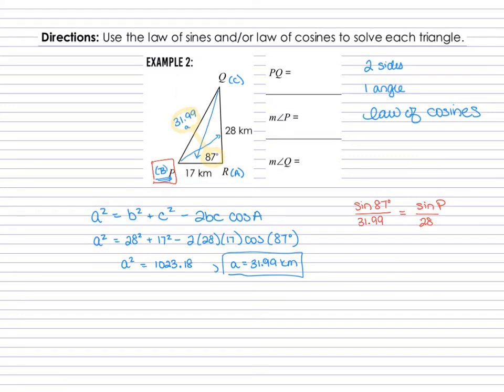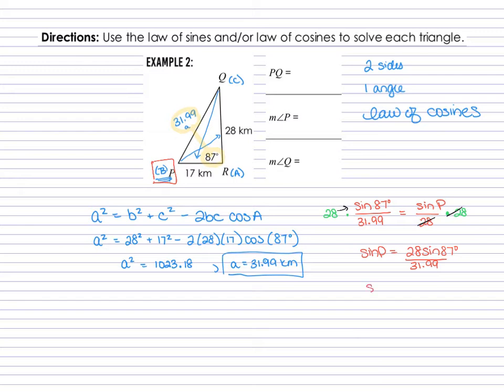I want to get sine P by itself, so I'm going to multiply both sides by 28 so that these cancel. So sine of P is equal to 28 sine of 87 degrees over 31.99.